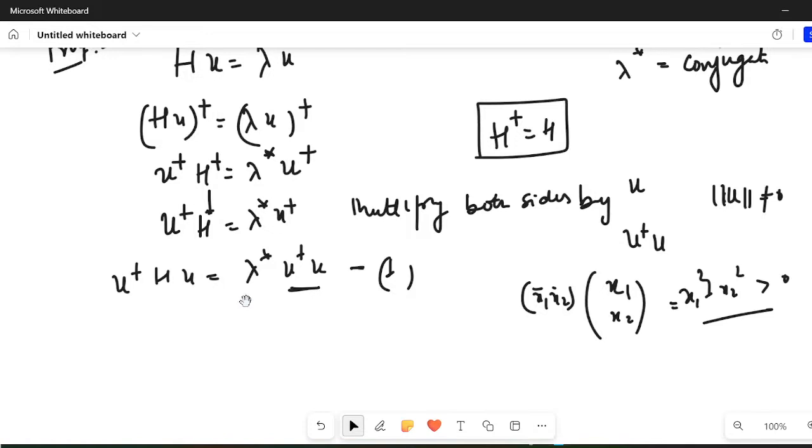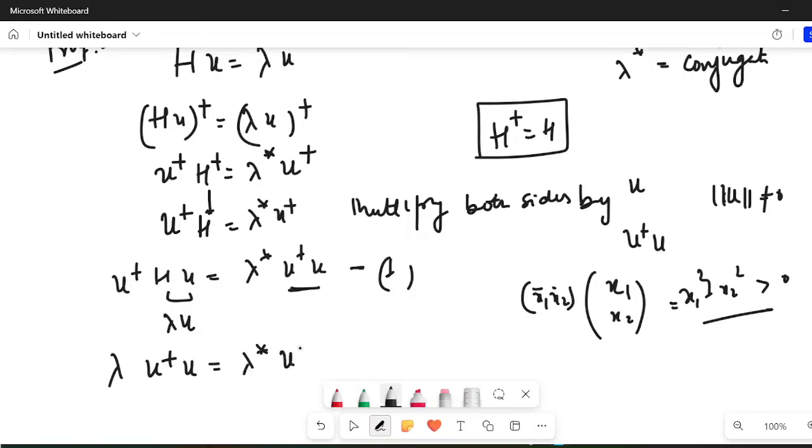This has given me lambda star U dagger U, which is non-zero. Let me think about it. I think this particular portion can be written as lambda into U, so I'm taking lambda common. So U dagger H U = lambda U dagger U, which is equal to lambda star U dagger U.